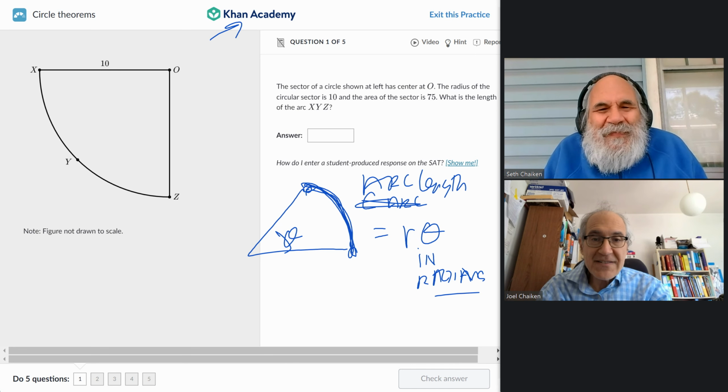Now, I do want to say how to do it without using the theorem, using ratios. If you don't have this theorem, this really is a ratio problem.